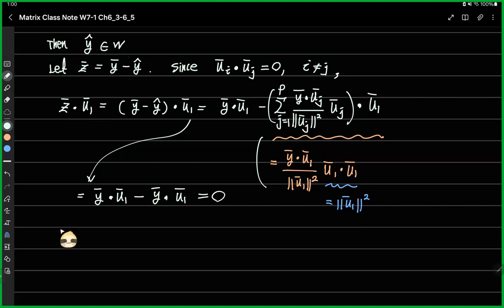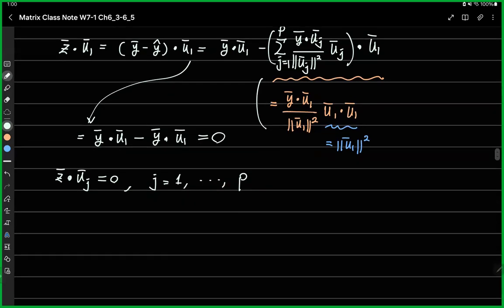Similarly, we can show that z dot uj is equal to 0, with j going 1 through p. Which means that the vector z is orthogonal to every single orthogonal basis vector of the subspace W, which means that z is in the W complement space.